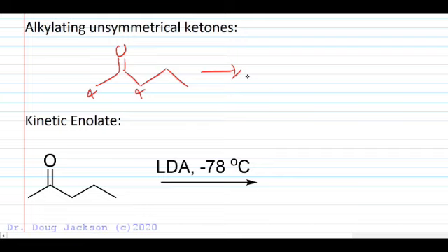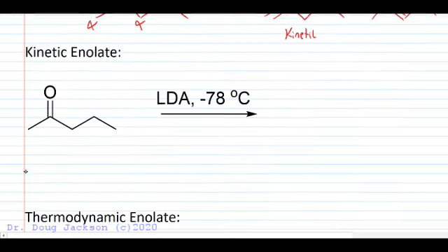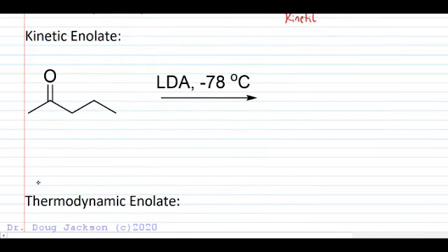When we react these with a base, we have two different types of enolates that can form, and we need to be able to bias one over the other. The kinetic enolate is going to be the less substituted enolate, and it's going to form faster in cold conditions.